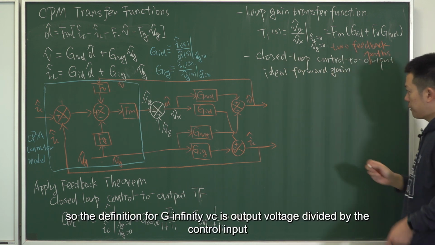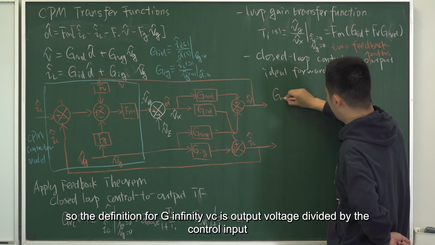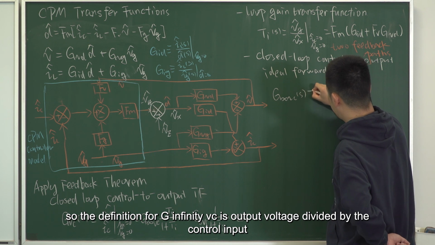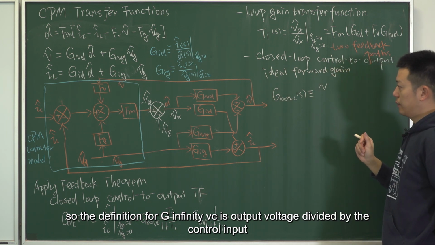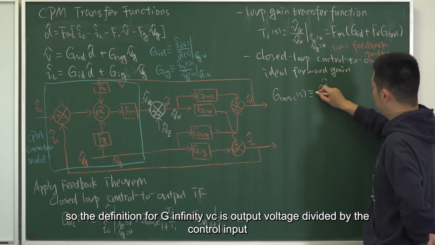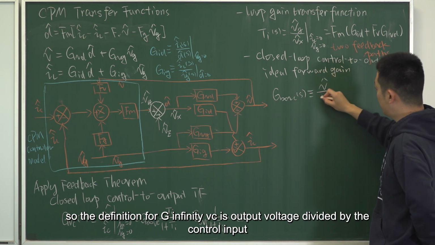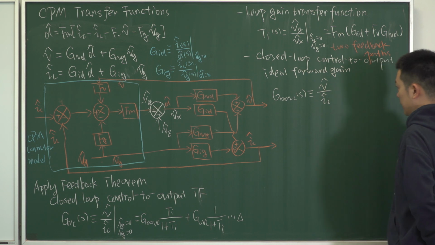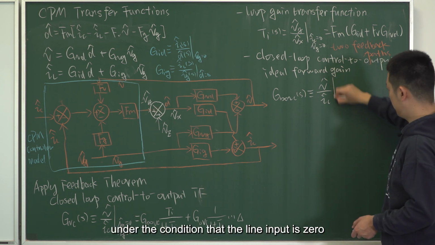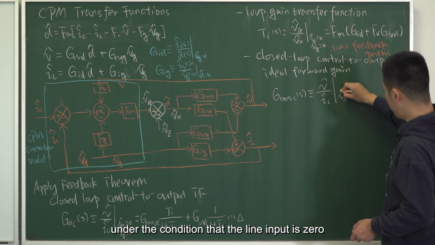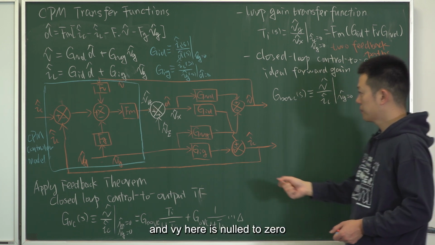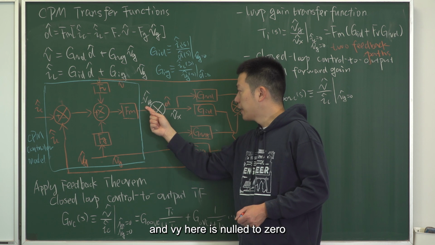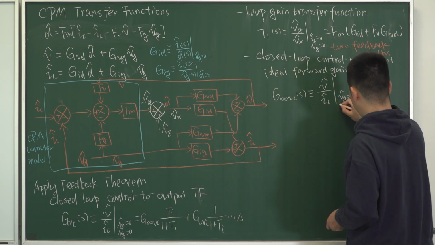The definition for G infinity Vc is output voltage divided by the control input, under the condition that the line input is 0, and Vy is nulled to 0.